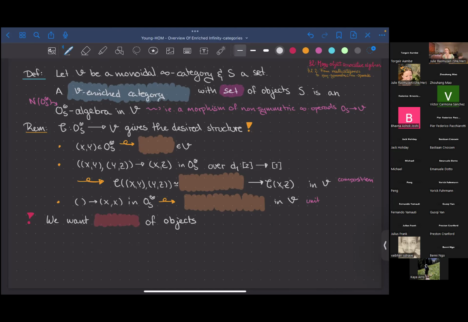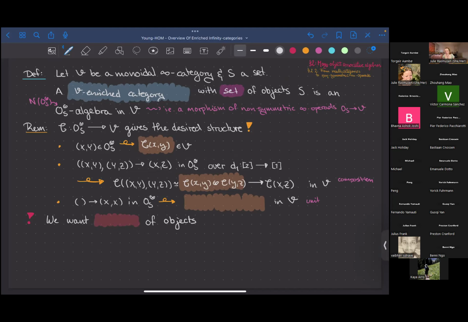So if we have an object xy in O_S, then we get an object C xy in V, and then the map from the pairs xy, yz into xz, lying over the map d1 from 2 to 1, will induce a map from C applied to the entire string, but this will be equivalent to C xy tensored with C of yz into C of xz.